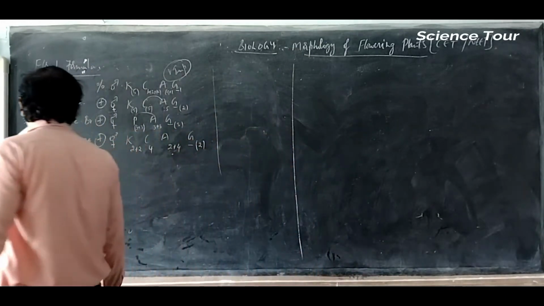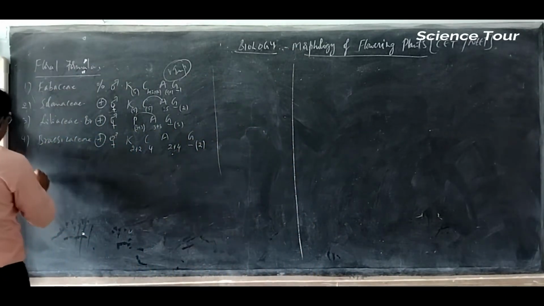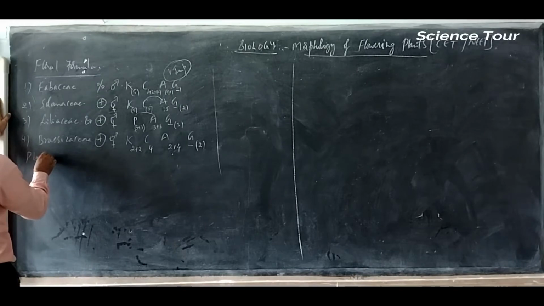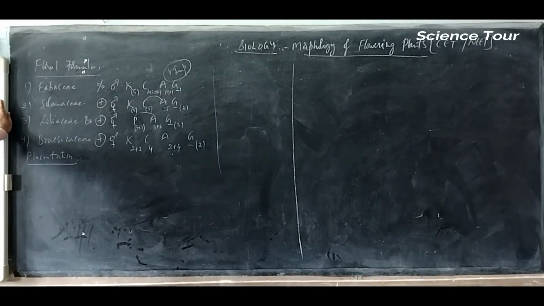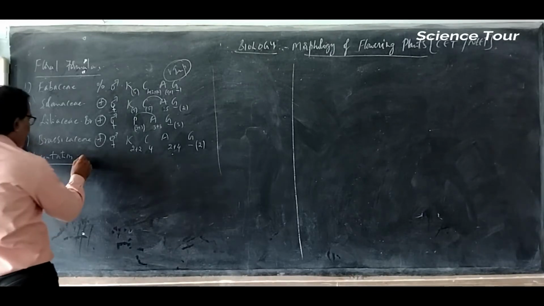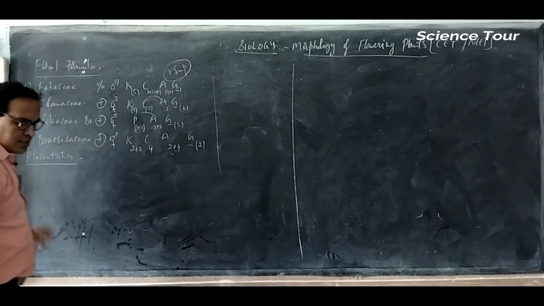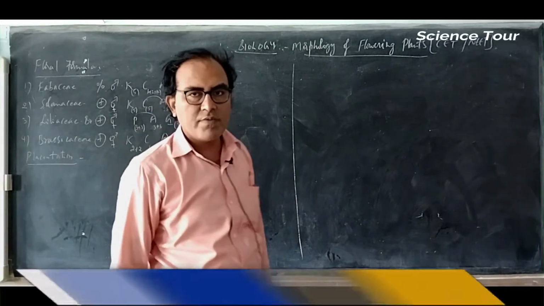And the next concept we have studied is placentation, the arrangement of ovules within the ovary, that is called placentation, correct? Placenta is a tissue connection which connects the ovules to the wall of the ovary.